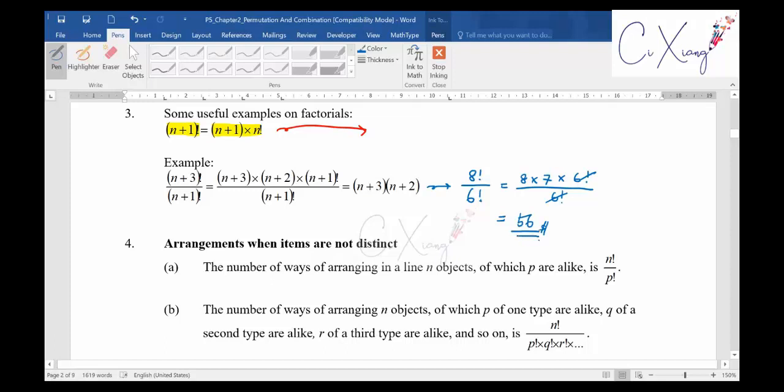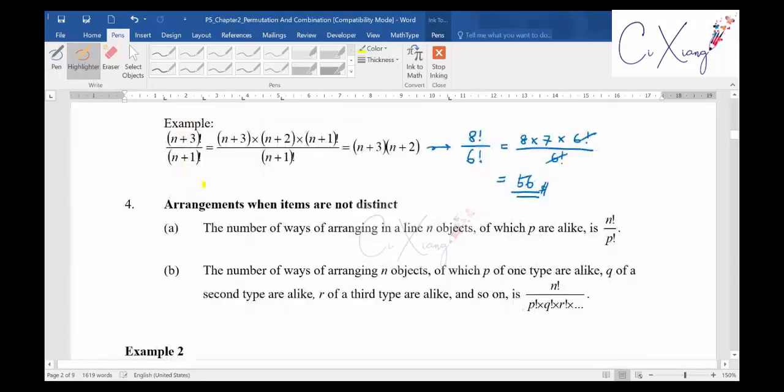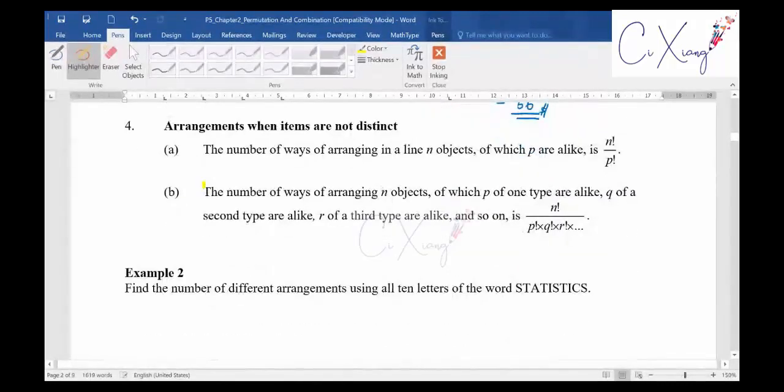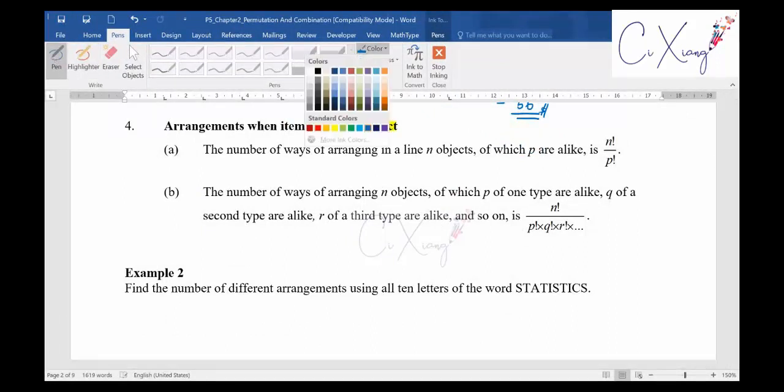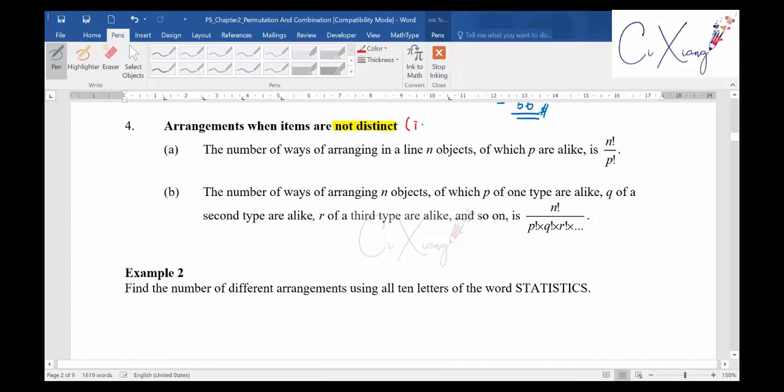This is how we apply the simple formulas about factorial. Again, the very first formula is when you want to arrange n different items, the formula is n factorial. Just now we talked about some items which are not distinct, meaning there's no difference between them, usually called identical items.